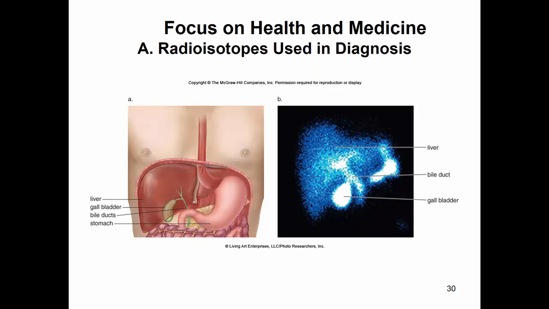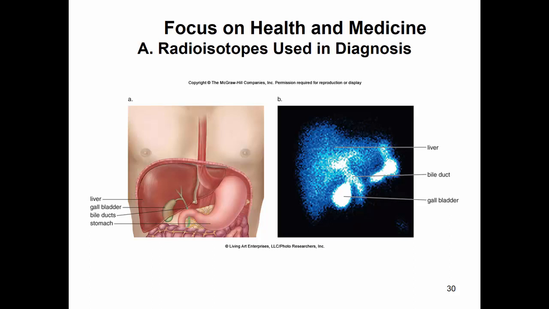So if you look here, this would be a healthy scan. Here are the organs that we're looking at, and see how they light up brightly. If you had a tumor or something that was not healthy, there would be places where you would not have the bright spots that would come through.